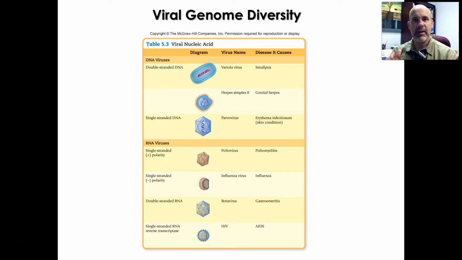So messenger RNA molecules are the ones that attach to ribosomes, and then the ribosomes read them and translate a protein. Negative strand RNA genomes, on the other hand, when they come out of a virus and they go inside the host cell, are actually complementary to messenger RNAs. So they actually have to be converted over into the plus strands that can be treated as messenger RNA by the host cell.